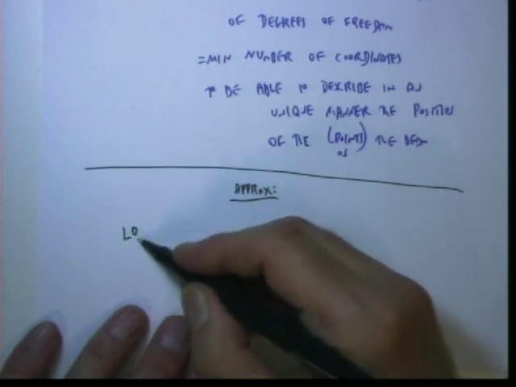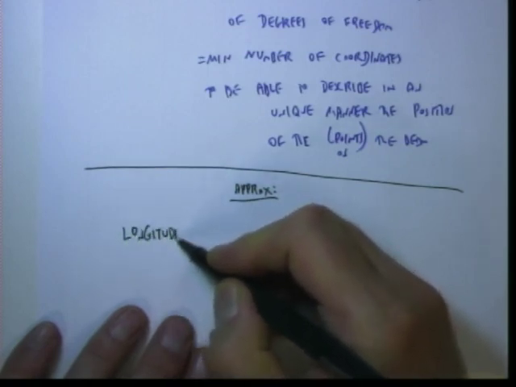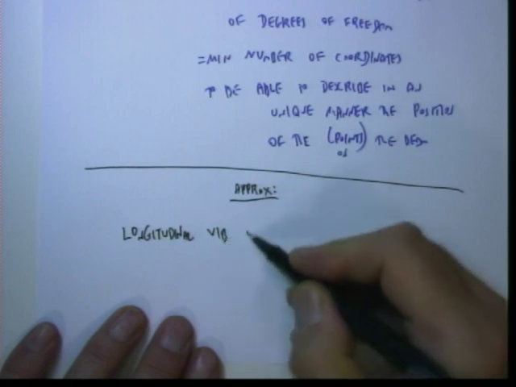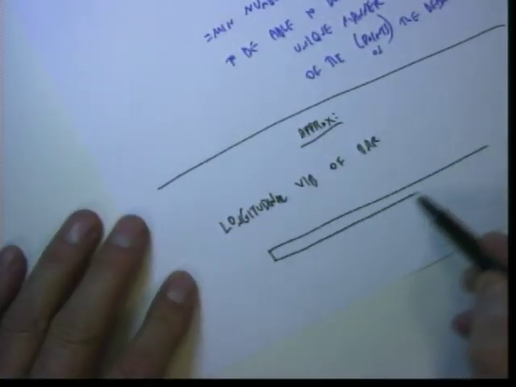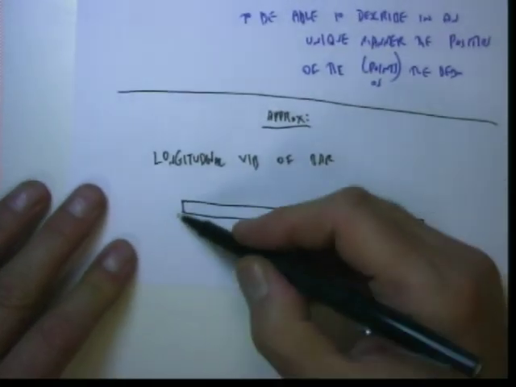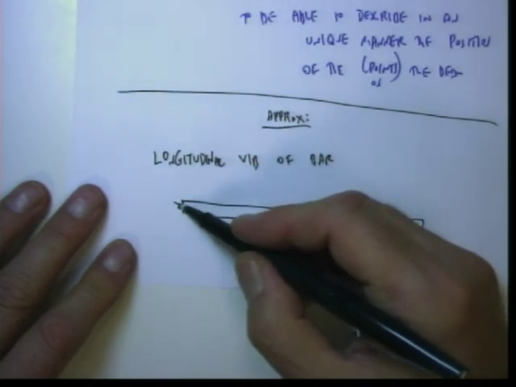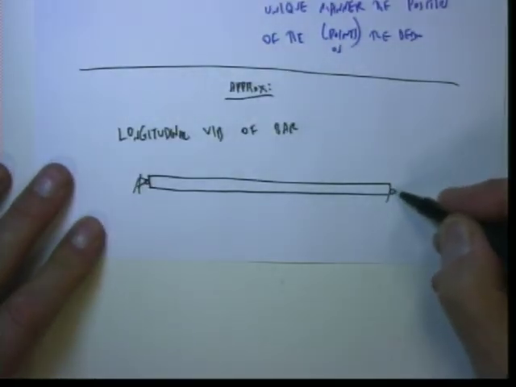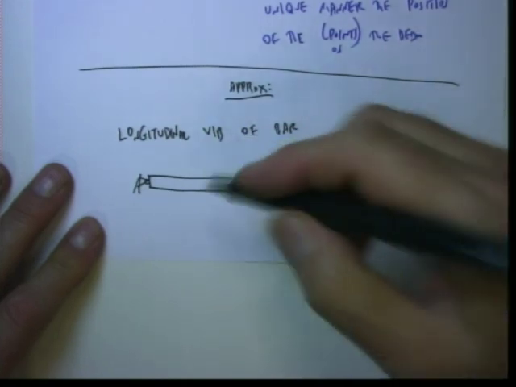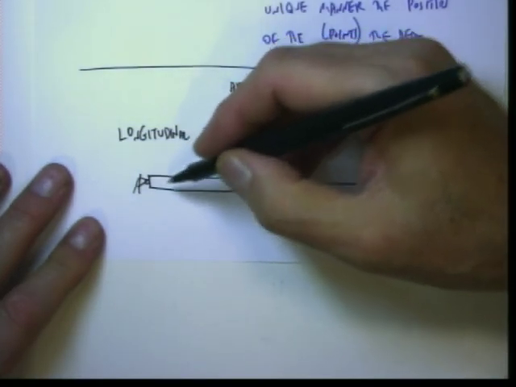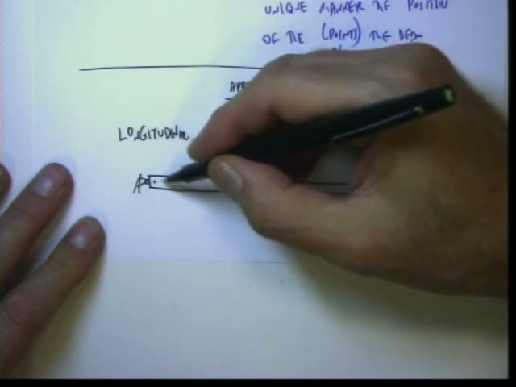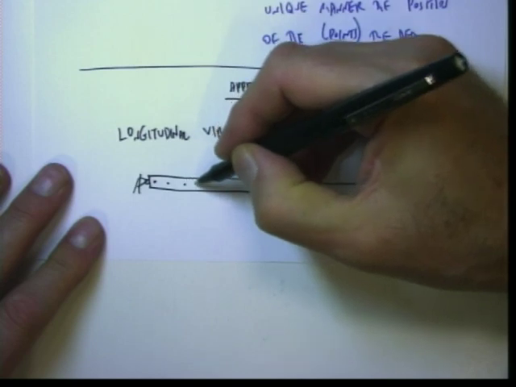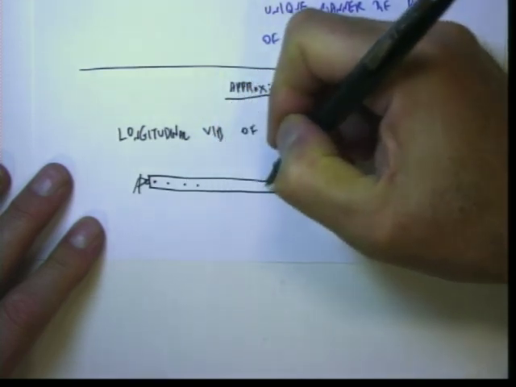But if we talk about longitudinal vibration of the bar, then we have like this. Say imagine this is connected and this is connected. Then vibrations are in x direction. So I need actually where this point is moving and where this point is moving, so many, many, many points.